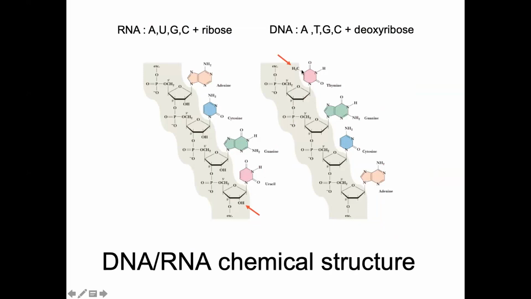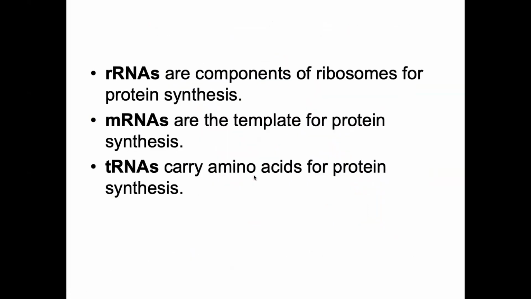Thymine is a methylated form of uracil, and it's uracil that you find in the nucleotides of an RNA molecule. So again, in terms of functionality, these single-stranded RNAs contribute to the machinery that allows for protein production in a cell.